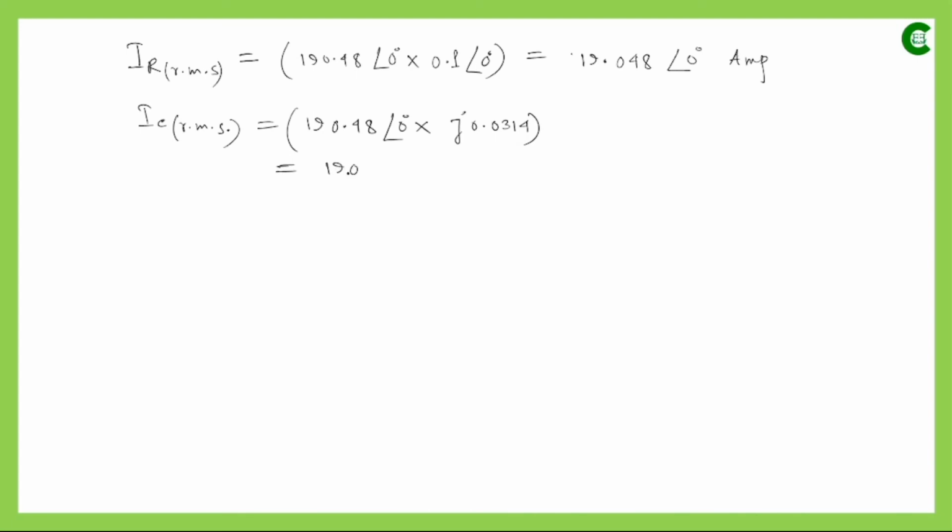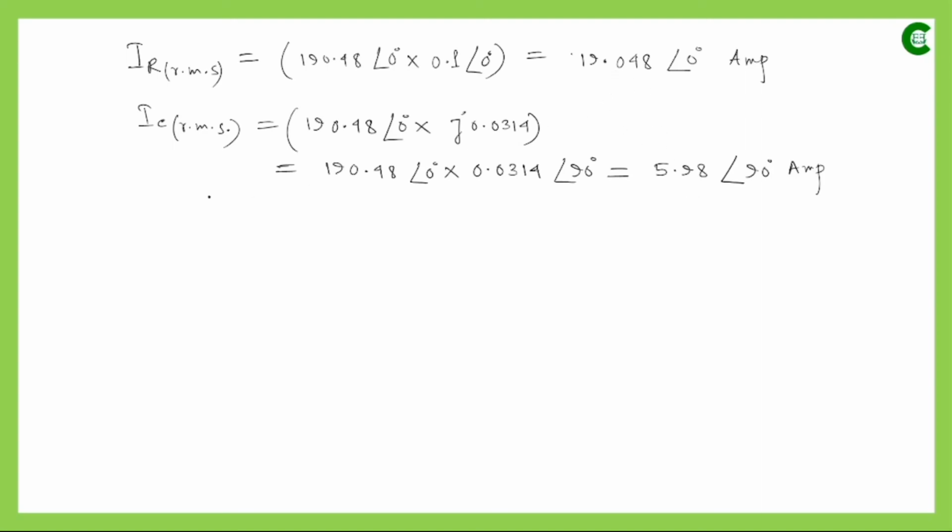So it will be 190.48 at 0 degree multiplied by 0.0314 at 90 degree. Finally this value will be 5.98, angle 90 degree, and the unit is ampere. These are the RMS values of those currents.